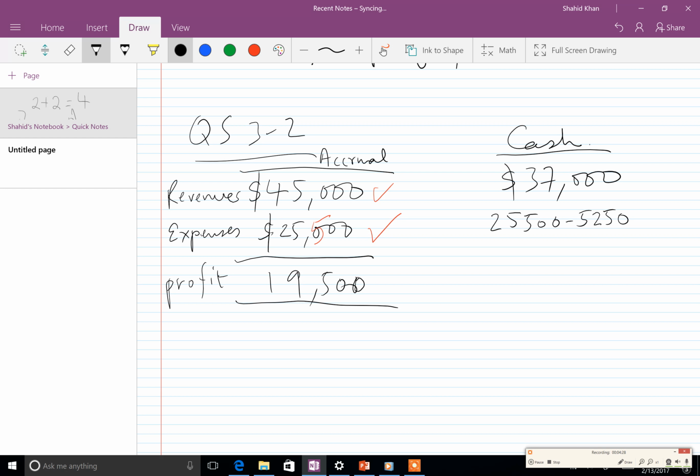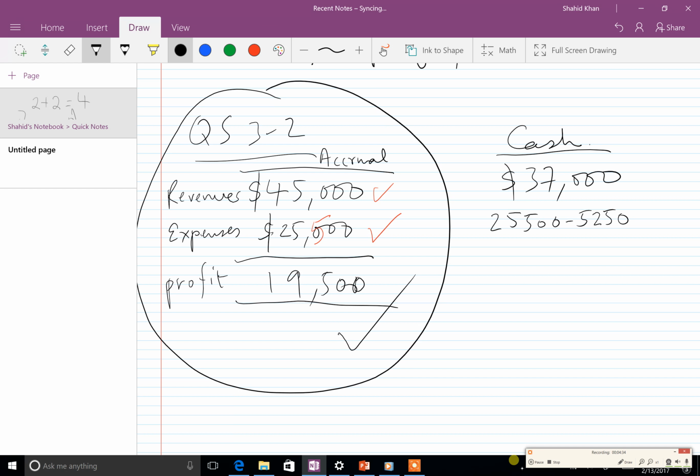So this is the answer for the accrual basis of accounting, which is like the GAAP accounting, generally accepted accounting principles. These are the key accounting principles that we learn in our accounting courses.